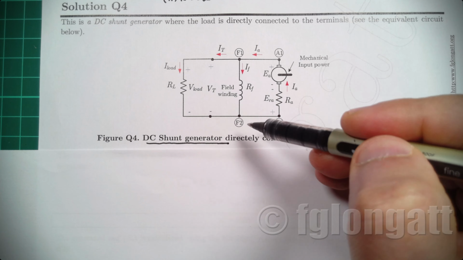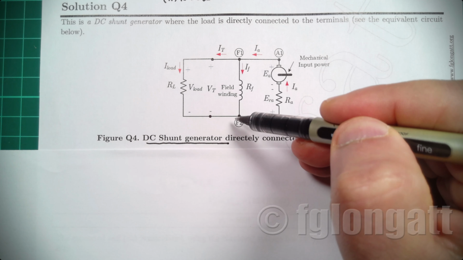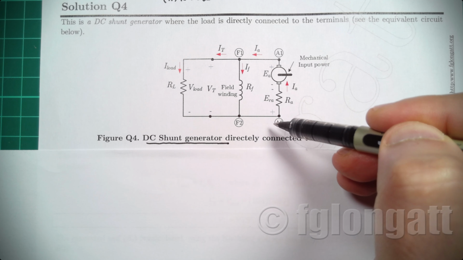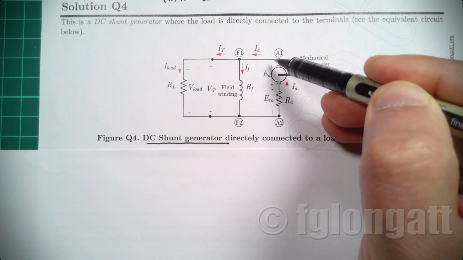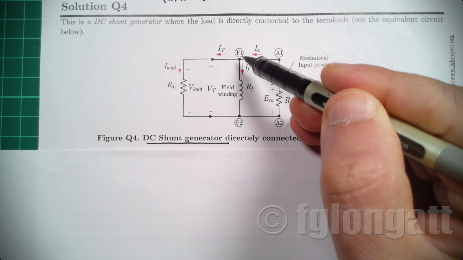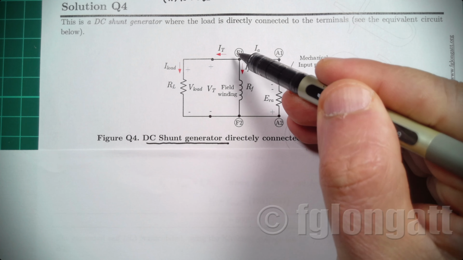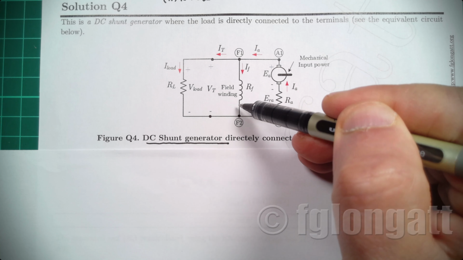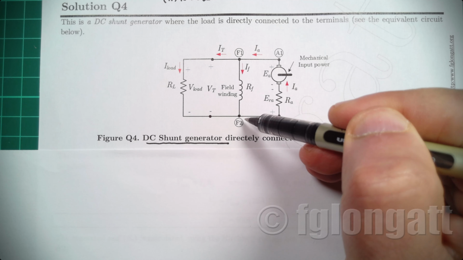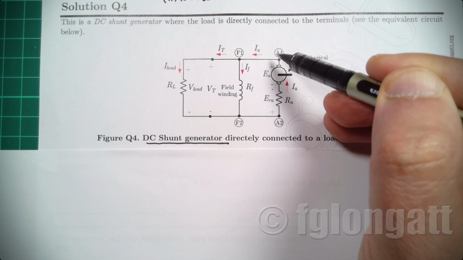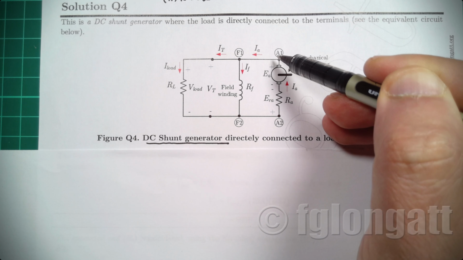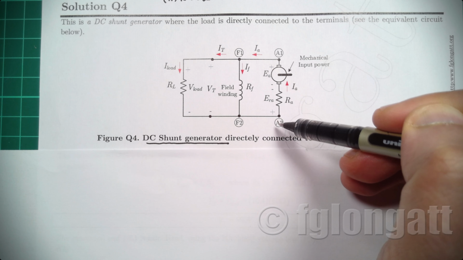Well, in the circuit model, you can see that this is the field winding, and the field winding is connected in parallel, or shunt connection, to the armature. It's clear because you can see the labels F1 and F2 to define the field winding, and they are directly parallel connected to the armature. And you can see over here the armature has the labels A1 and A2.